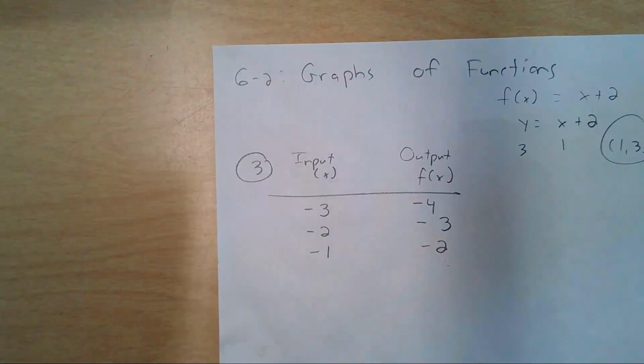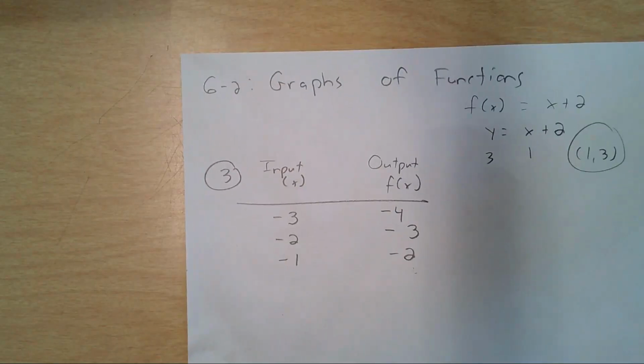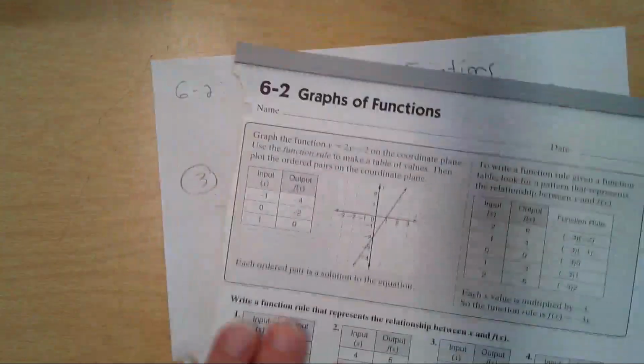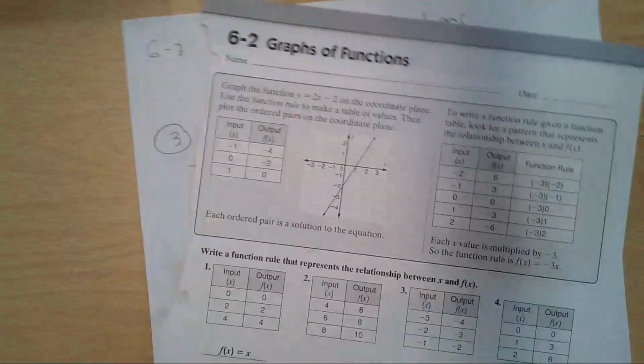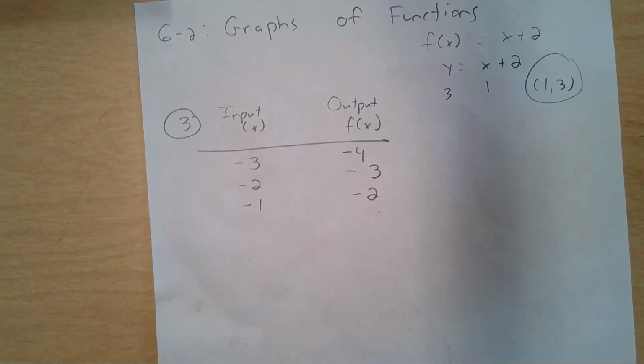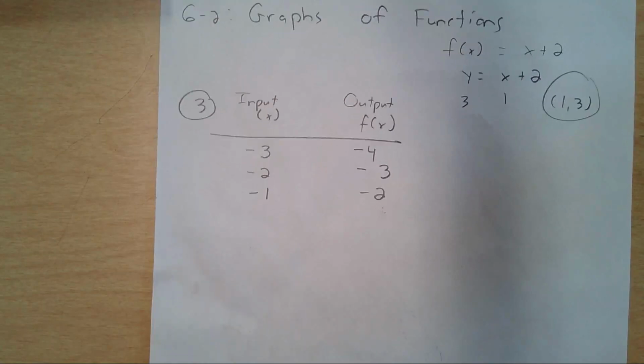So what they're saying here is a function exists between x and f of x, and all 4 operations are in play here: adding, subtracting, multiplying, and dividing. What we're trying to do is figure out the rule that makes all of these true.